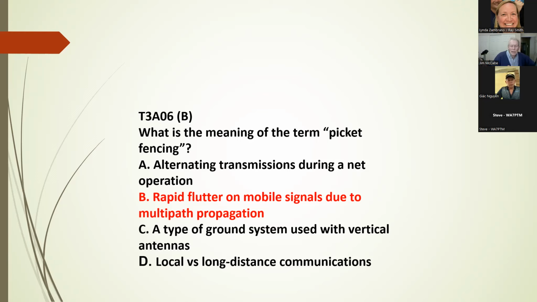Remember that multipath chart with the buildings. If you were driving through a city and had a path that was clear on the cross streets, you would get an increase and decrease in the signal, a flutter. That's what we call picket fencing. Sometimes on a net, somebody will say, hey, you've got a bit of picket fencing, you must be driving along such and such. Again, multipath.